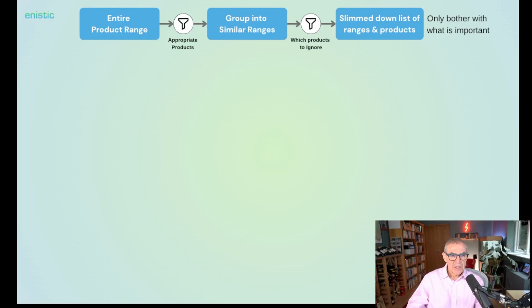The first thing is to take the entire range and think about what the appropriate products are in that range that require you to even think about this problem in the first place. A good example is one of my clients who makes furniture. They've got a wide range of products, including tables and desks for offices, but also a whole range of accessories, like spare feet that go on the bottom of desks and screws if you lose your screws.